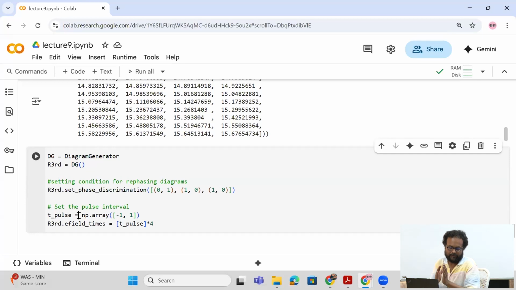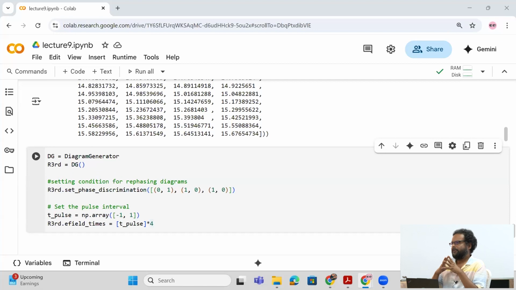The pulses need to have some kind of width on the pulse interval. The pulse shape is from -1 to 1, and you multiply by 4. You have three field interactions, but you also want to see what happens afterwards. So there is some detection time, which it will integrate over afterwards, but we need to define that.